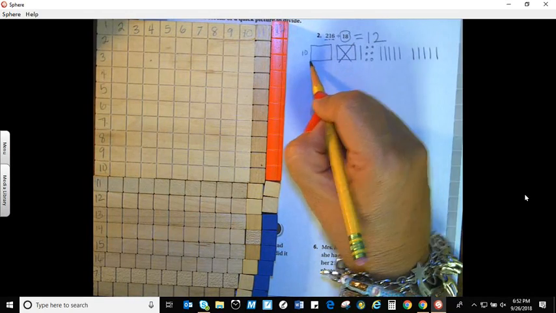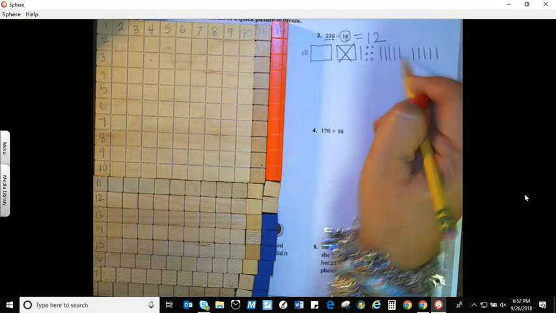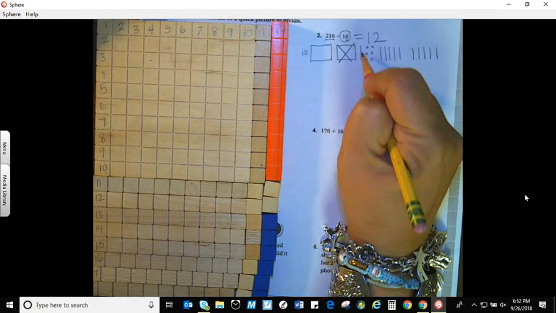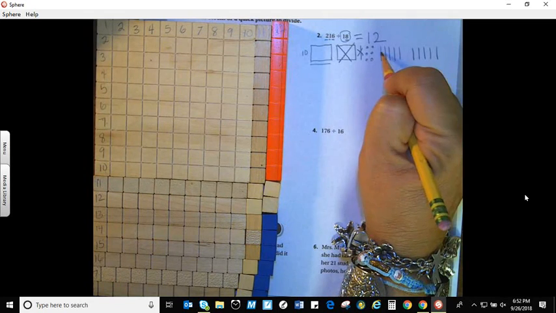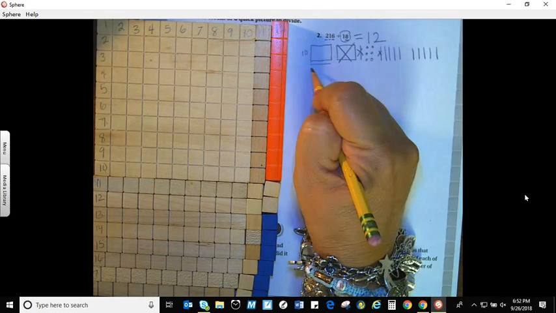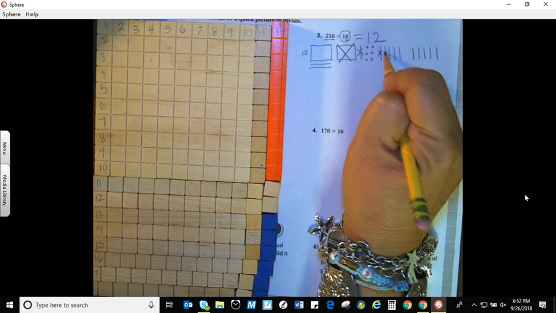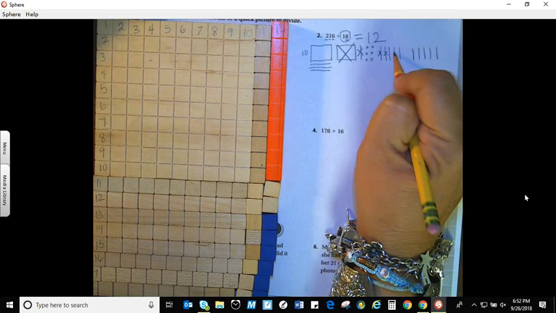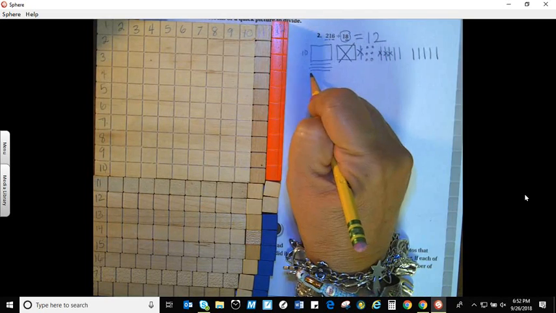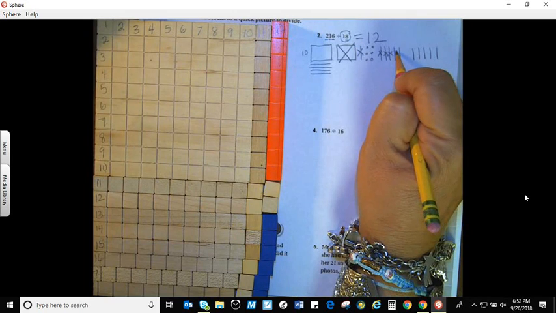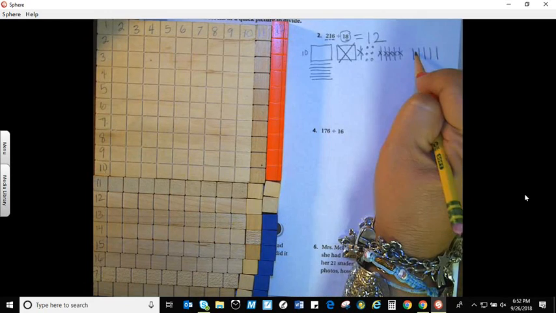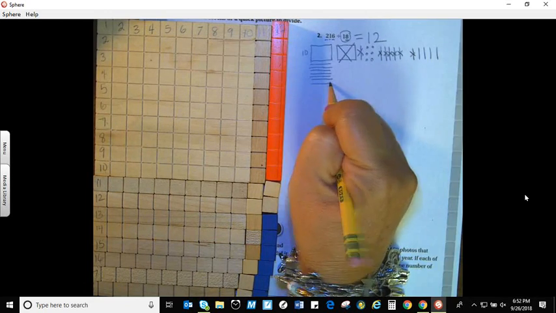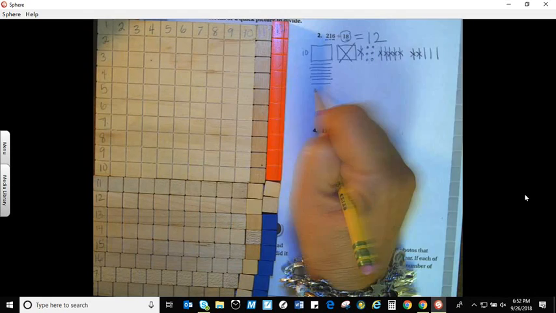So this is 10. I need to add 8 more. So I'm going to go ahead and clear this one out. This is 1, 2, 3, 4, 5, 6, 7, 8.